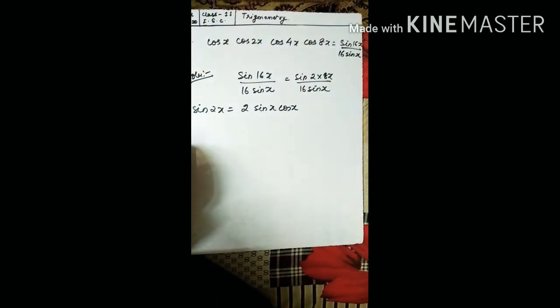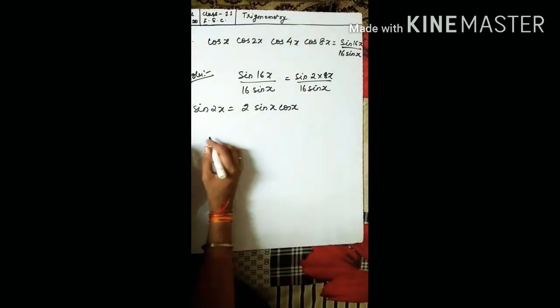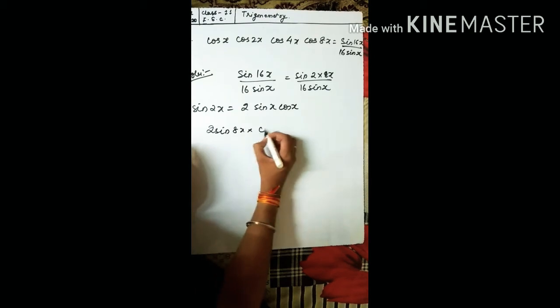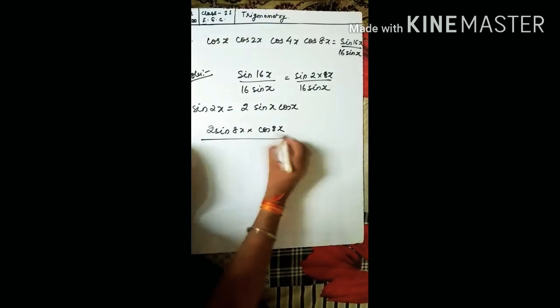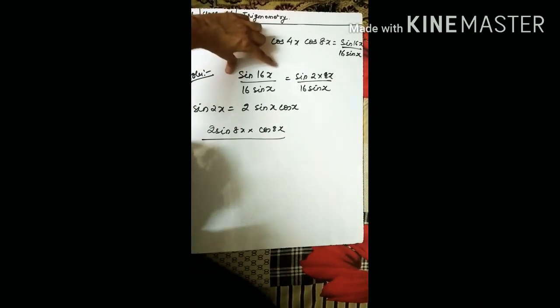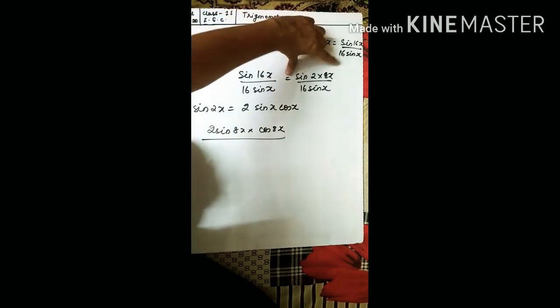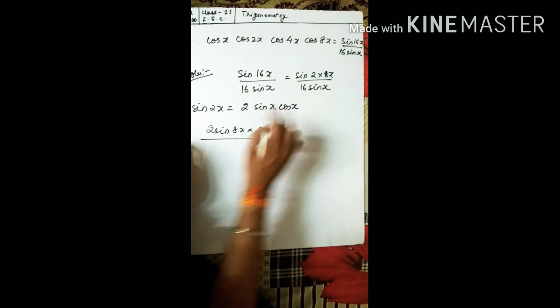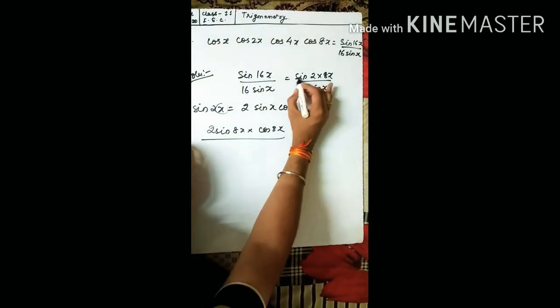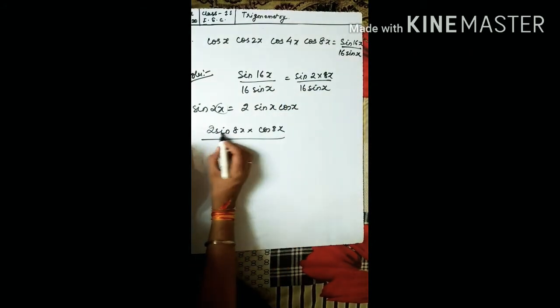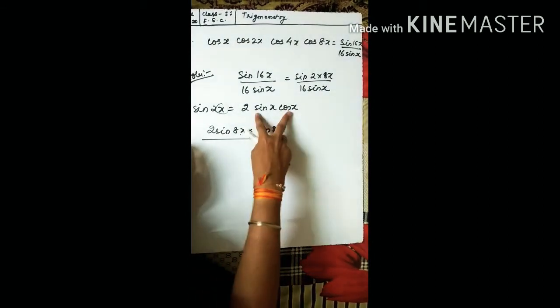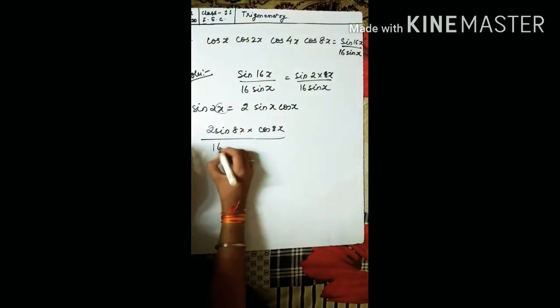So sin of 2 into 8x is 2 sin 8x into cos 8x, and the 16 sin x is going on. Are you understanding? We have written sin 16x as sin of 2 into 8x.